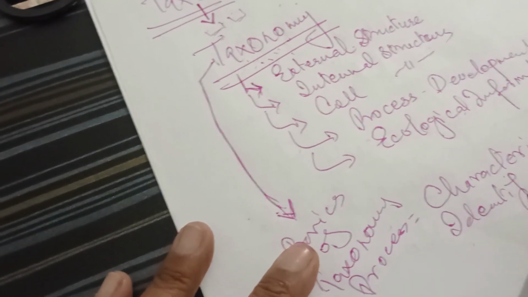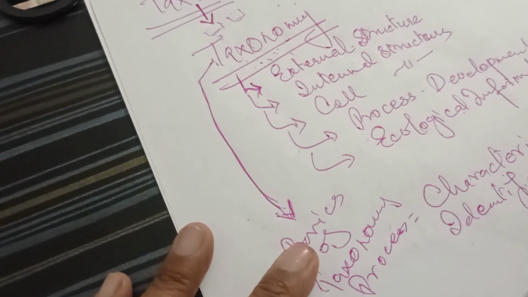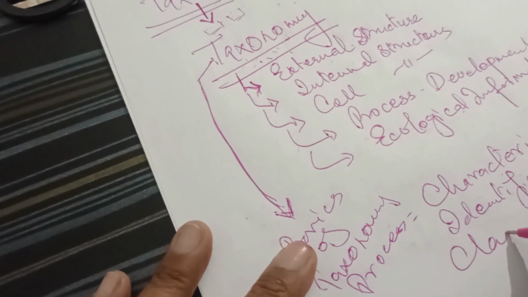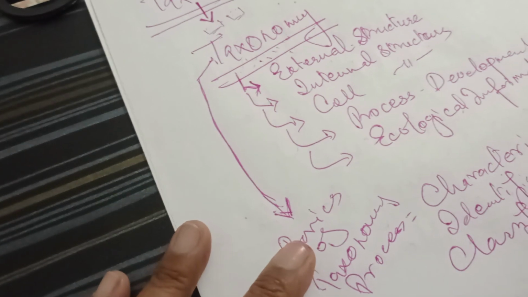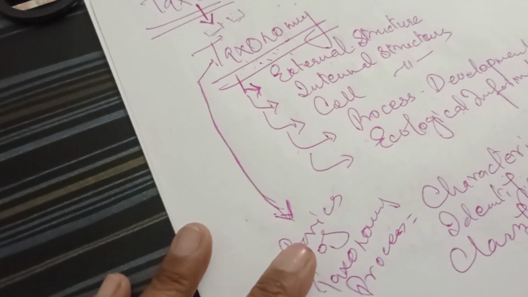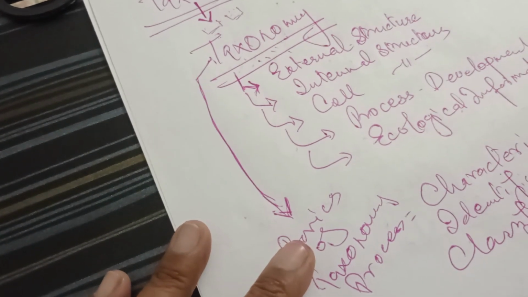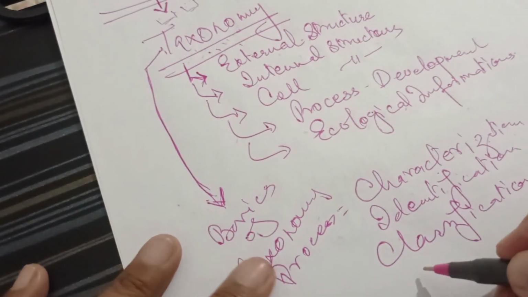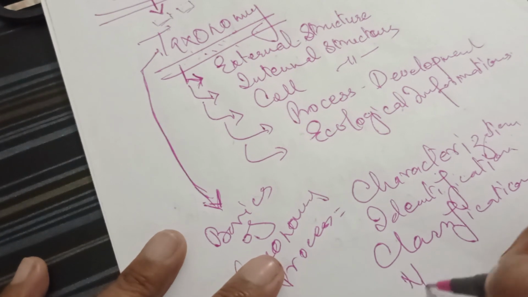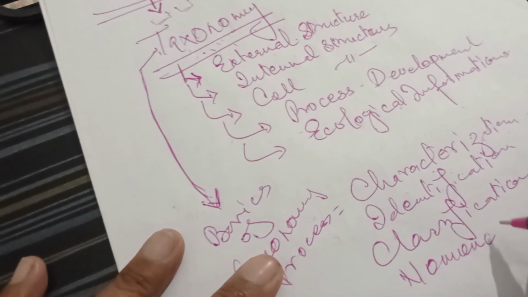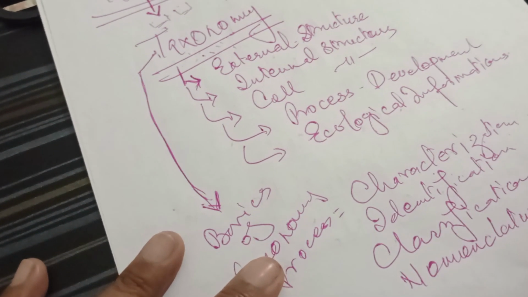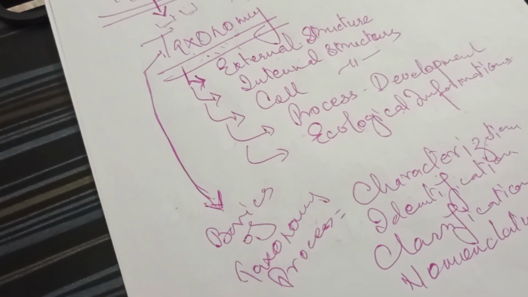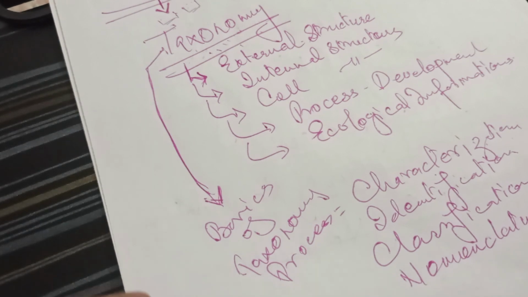You have to identify those characters, understand them. Then there is classification. Based on these characters, identifying those characters, you will classify them. And then there is nomenclature. Once you have classified, you will name them accordingly. So these are the basics of the process of taxonomy.